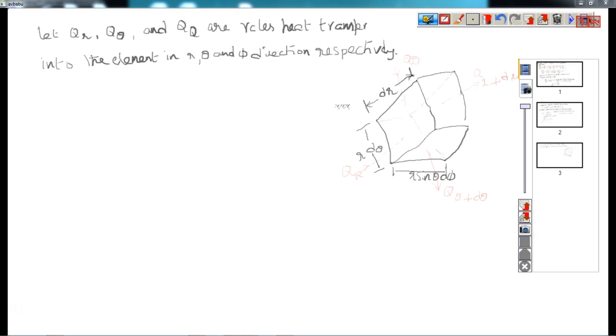So in the phi direction, this one is r sin theta d phi, and this is also r sin theta d phi. Therefore, it enters here and goes out like this.